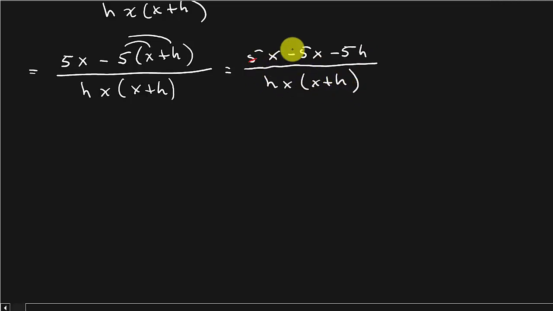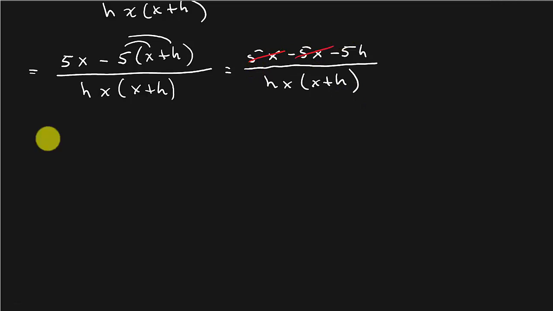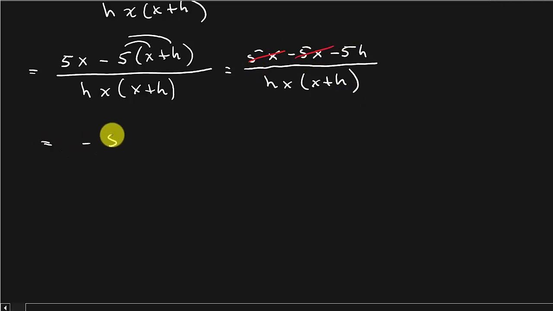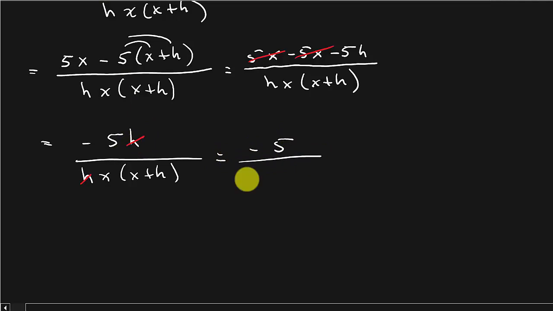And then what happens here? The 5x's cancel out, so I'm left with negative 5h over h times x plus h. And then the h's cancel out, and so I'm left with negative 5 over x times x plus h.